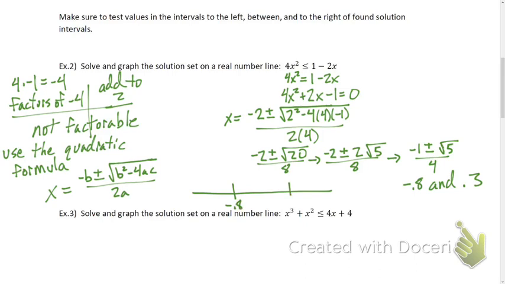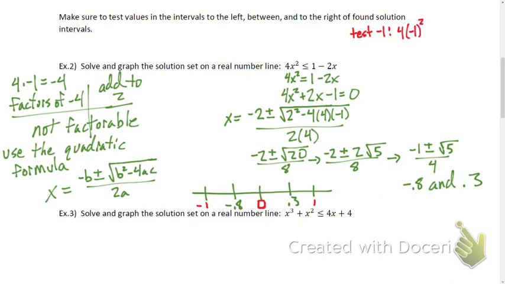Because remember, I don't want to pick those numbers. I want to pick numbers next to them. So what if we try -1, 0, and 1? Those, we can do a lot of that math in our head. So when I test out -1, make sure you use a parenthesis for the negative.